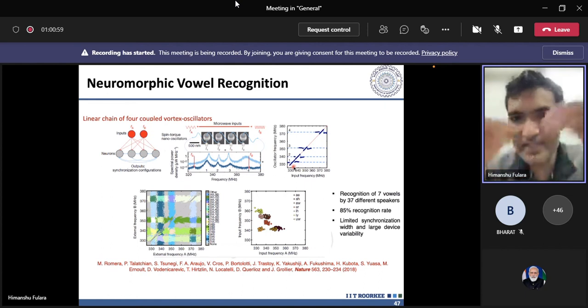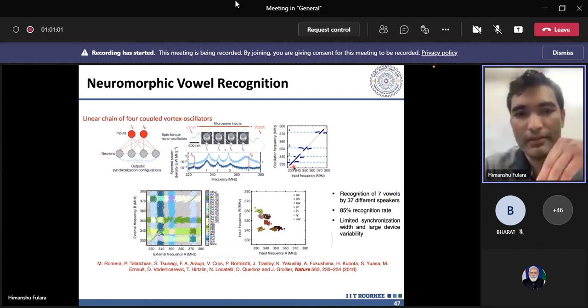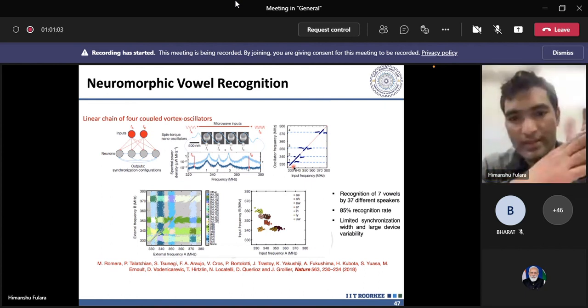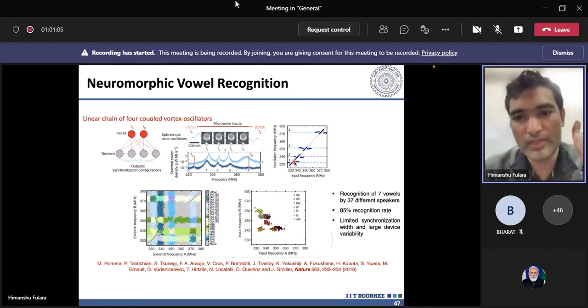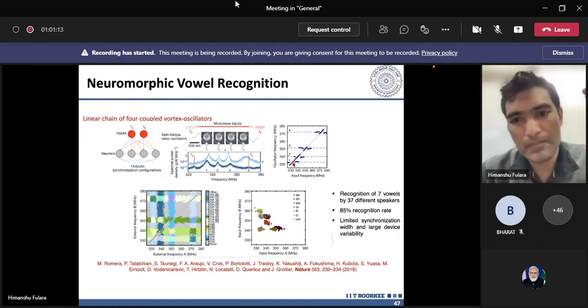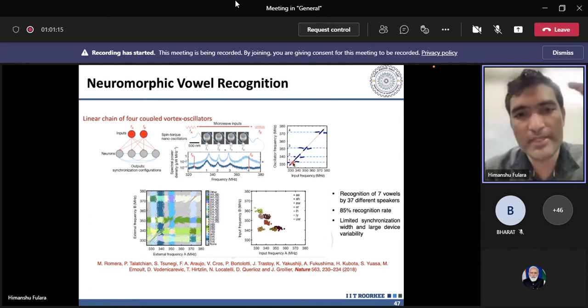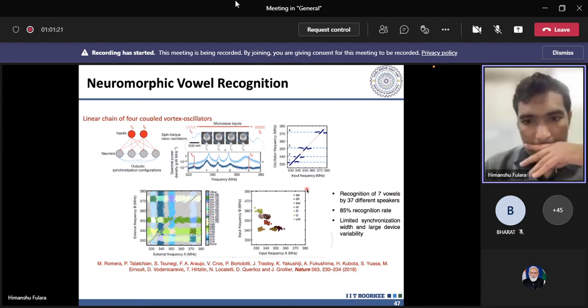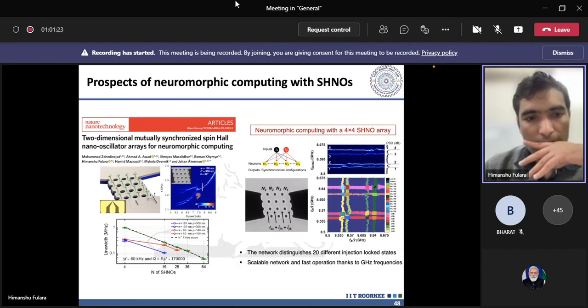That interaction is a kind of state which you are trying to emulate here. So this locked state, this mutually locked or synchronized state, is a kind of neuron interaction which creates an event, or memorizes an event. So we tried to do the same thing.